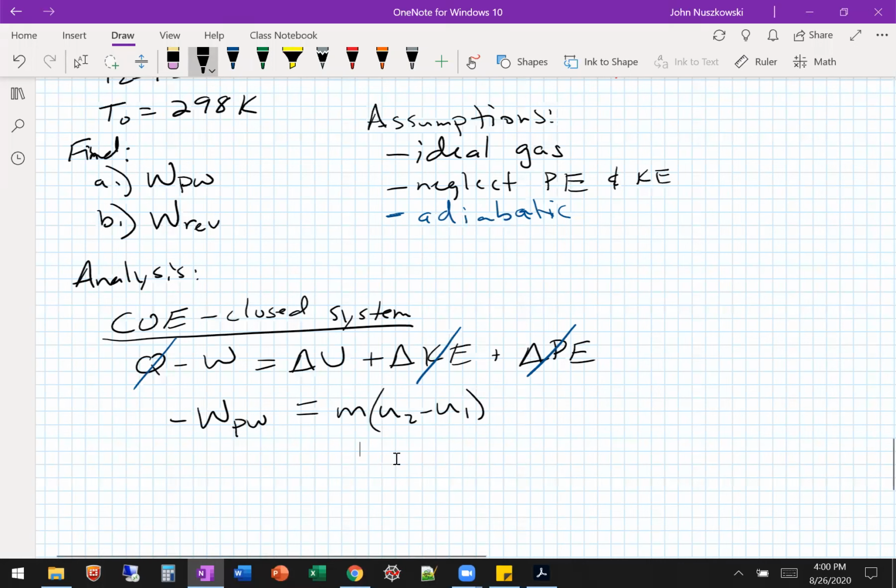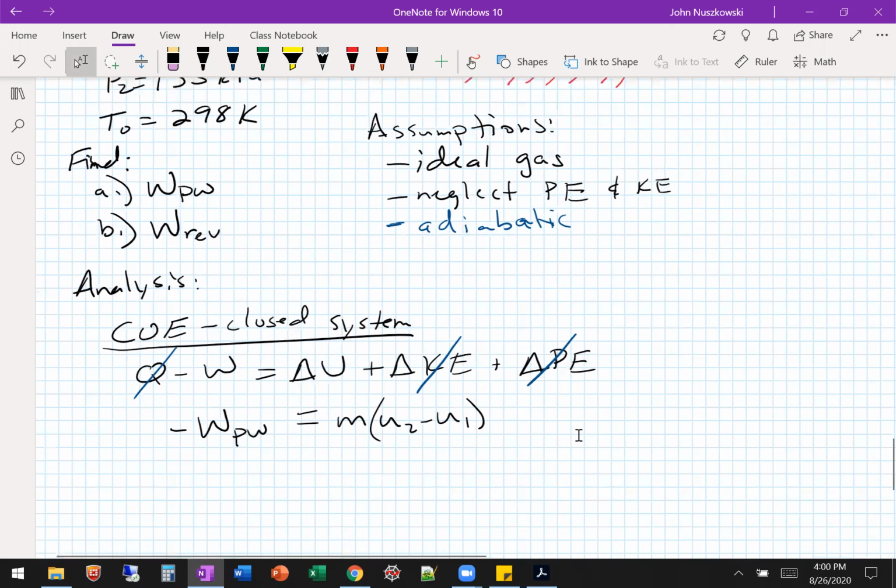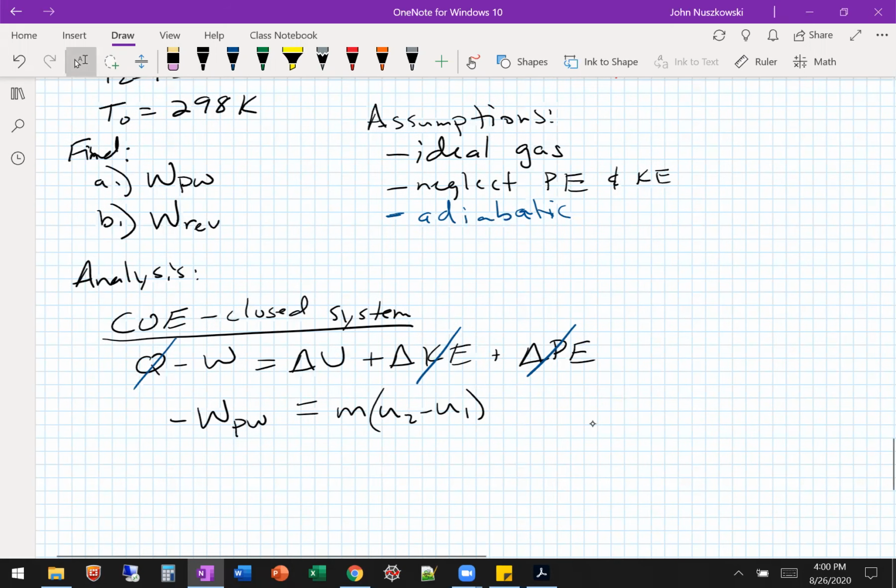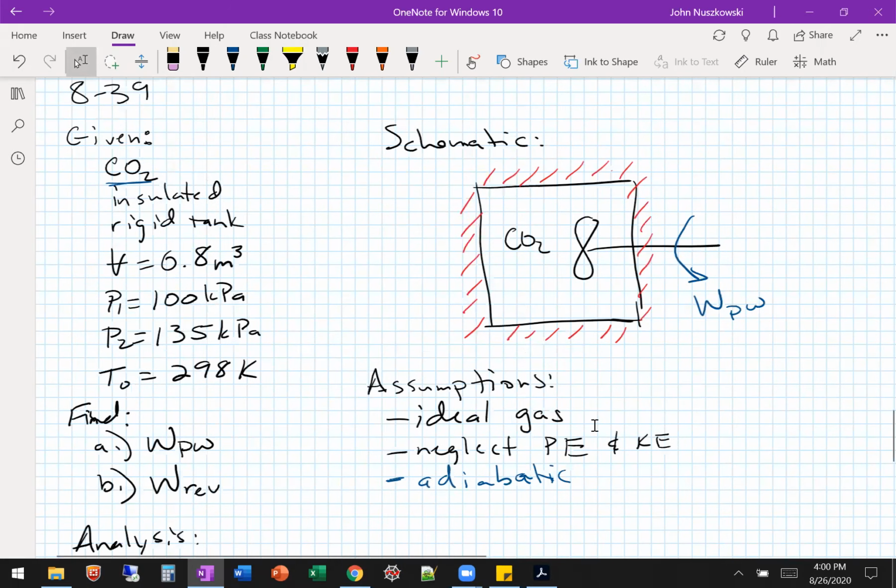So we have mass times delta U, okay? And we can move this around, get rid of that negative sign, flipping to U1 minus U2. Oh, and I forgot to write it down, in the givens they gave us the mass: mass is 1.54 kilograms. I don't think I missed anything else.